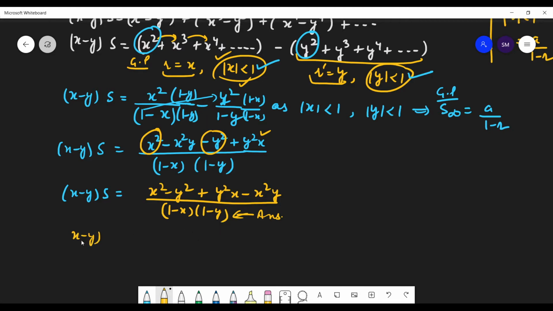x minus y into s is equal to, now make the factors of this. What do you get? x minus y into x plus y, plus here xy common and x minus y, or y minus x. But if you take x common, negative x will come here. I need negative y, I need this term to be negative, so I need to take minus common.